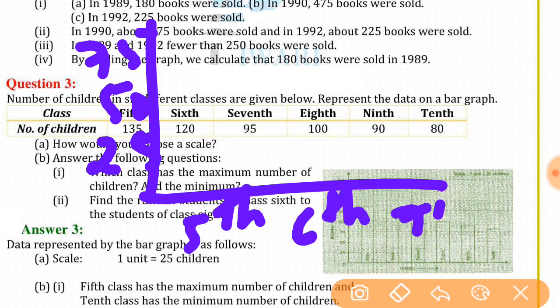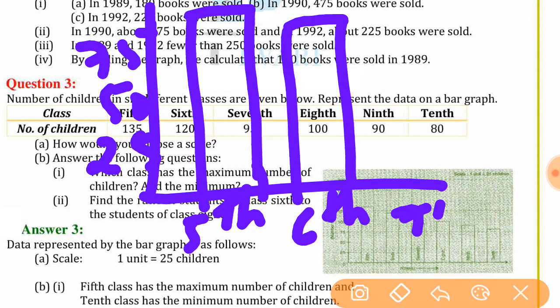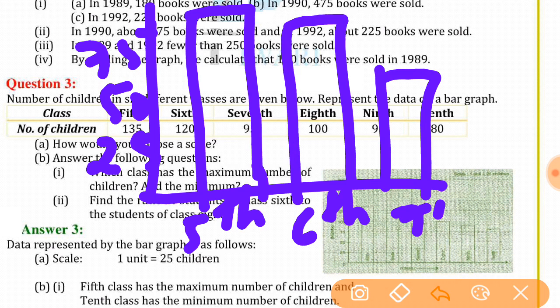So for 5th, 135 means wherever 135 comes, take it like that till 135. Here I don't have space, that's why I'm doing this. So 6th means 120, so where it comes, till there you can do it. And 7th is 90. Okay. So like this you can draw.